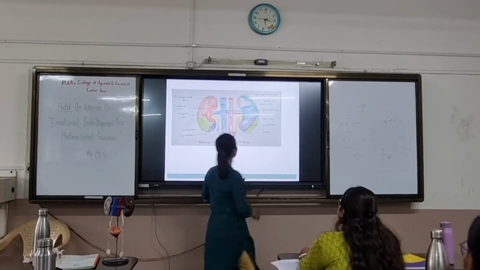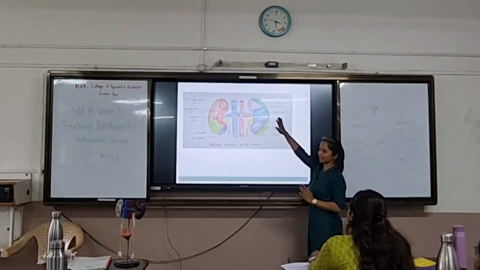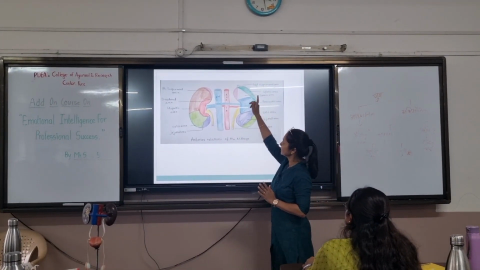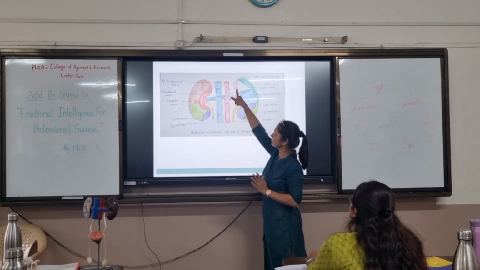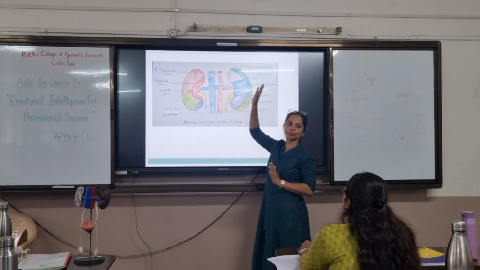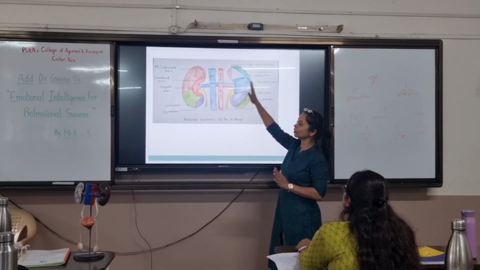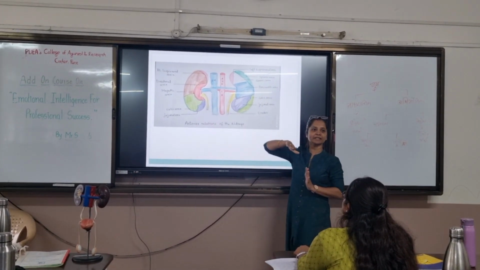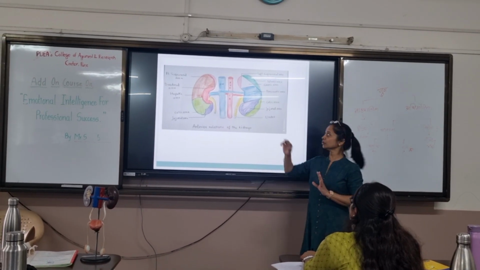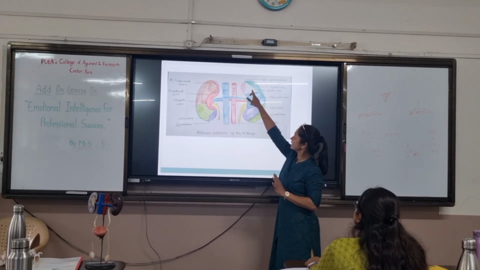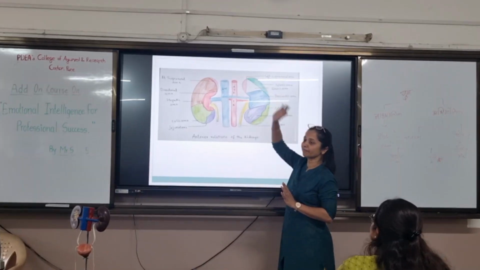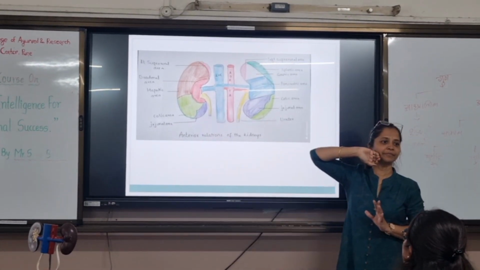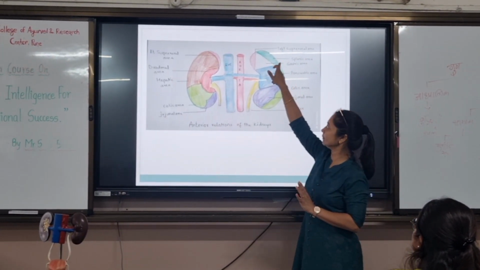Now we see the anterior relations of the left kidney. This is the superior pole. Here there will be the impression of the left suprarenal gland. Now on the left side, that is the left hypochondrial region, there is the stomach. And on the fundus of the stomach there is the spleen. So this is the splenic impression.